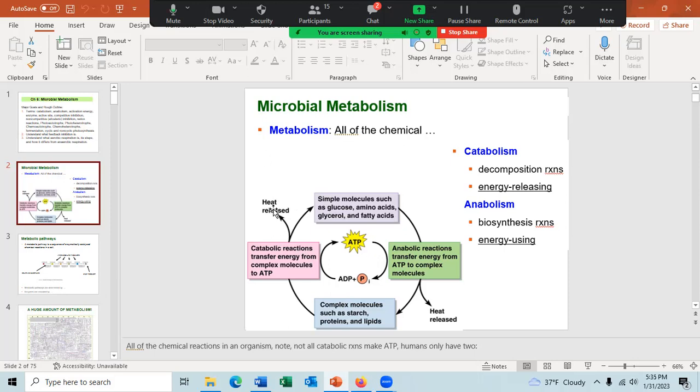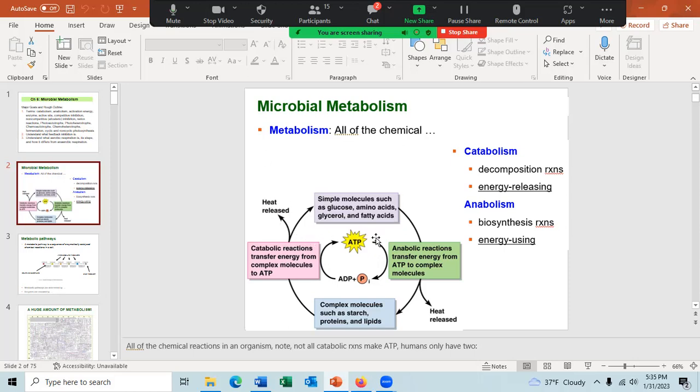But we can use heat, at least warm-blooded animals, actually even cold-blooded animals, can use heat to help warm up the body if you need more heat. Like when you're shivering, you're burning molecules and generating heat to help warm up the body. But usually that heat is just waste and it's lost. The cell can't use the energy and heat for anything else.